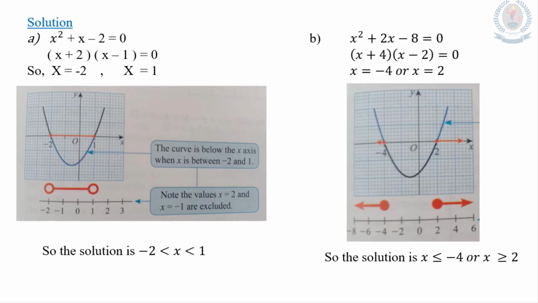So you need two inequalities for that. We cannot combine these into a single inequality. So separately you have to write those two solutions. You can write x less than or equal to minus 4, or x greater than or equal to 2. Those two are the solutions for the last example.